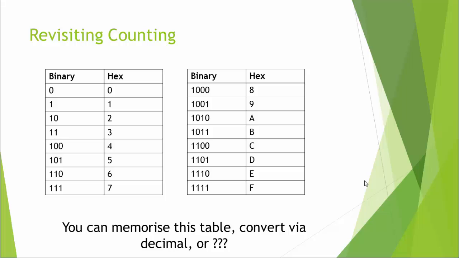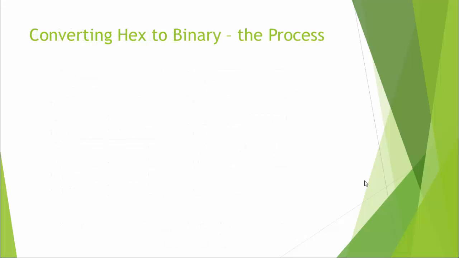Or you can go ahead and do conversions all the time. You can use decimal to do the conversions, but you must be able to convert the numbers between 0 and 15 from binary to hex and from hex to binary.